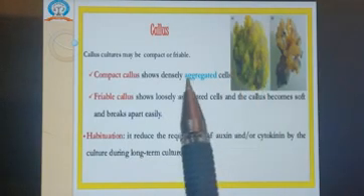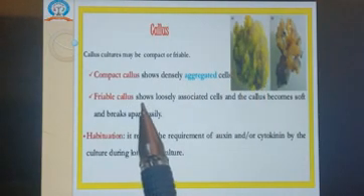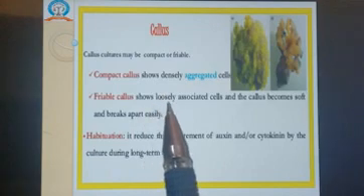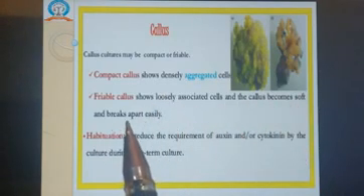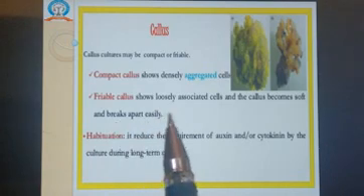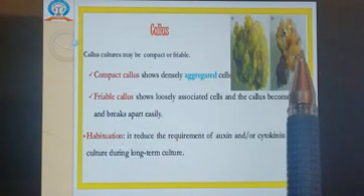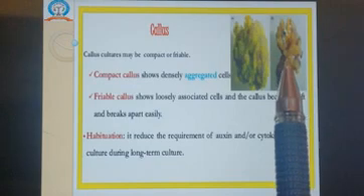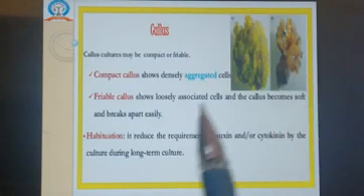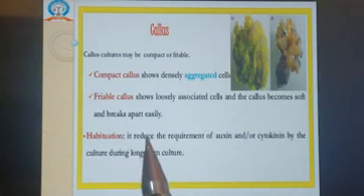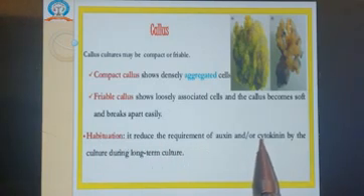Friable callus shows loosely associated cells, and the callus becomes soft and breaks apart easily, meaning it is very easily breakable. When you touch the callus, it breaks. Then habituation reduces the requirement of auxin or cytokinin by the culture during long term culture.